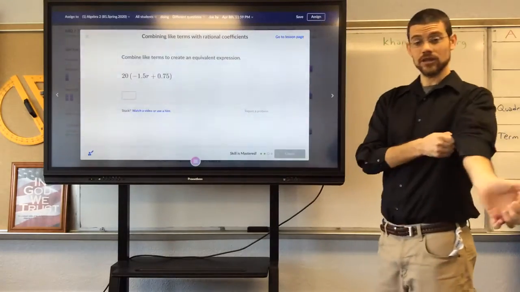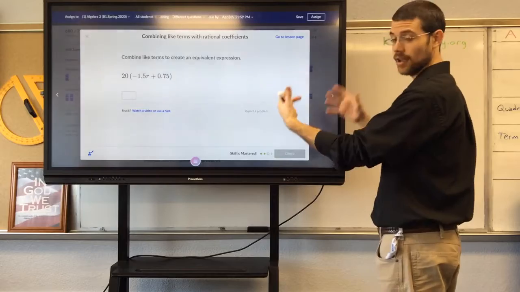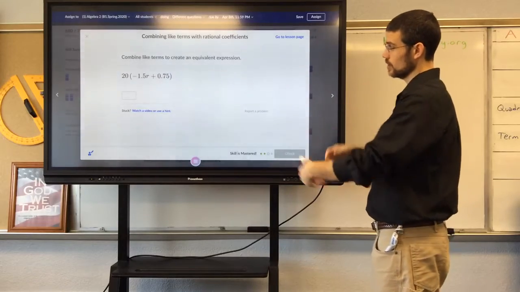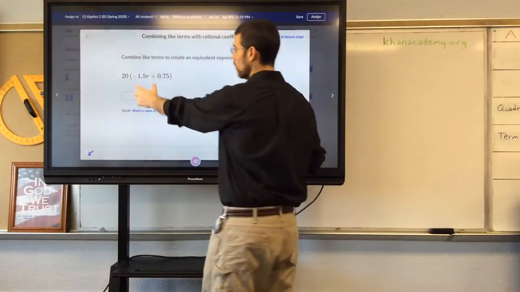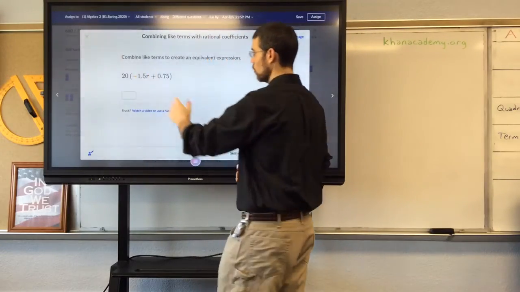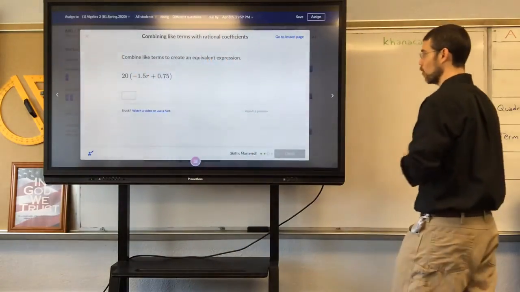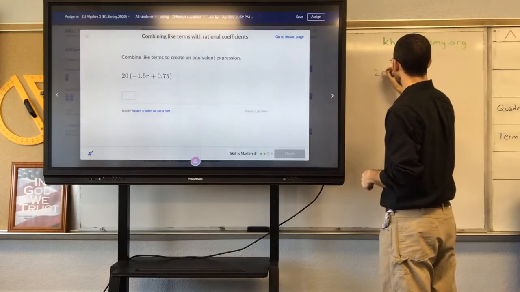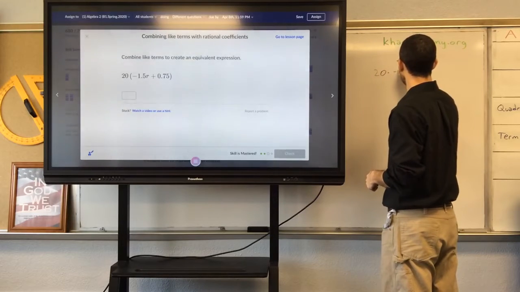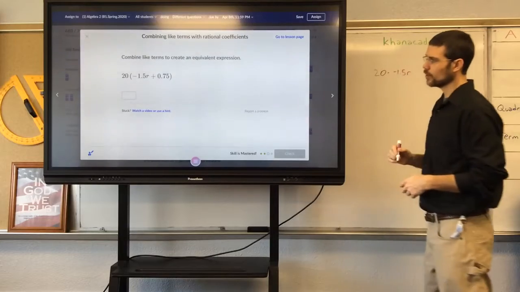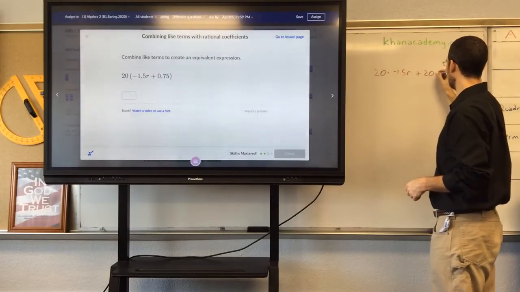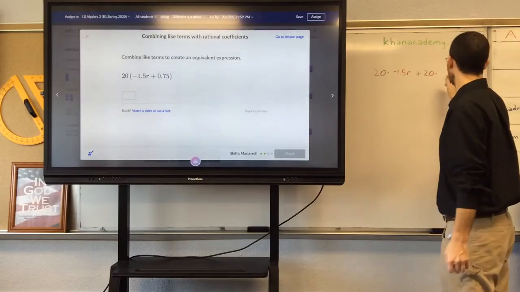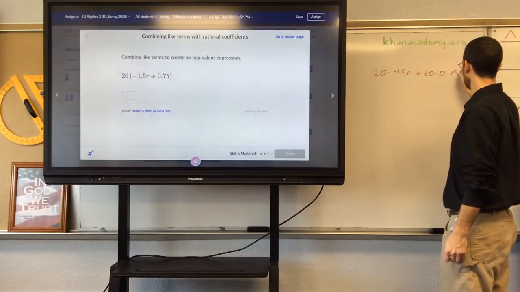We have some distribution here, right? So 20 times this stuff in parentheses. We have 20 of each term we find in the parentheses. So there's 20 times negative 1.5 r's, plus there's 20 times 0.75.